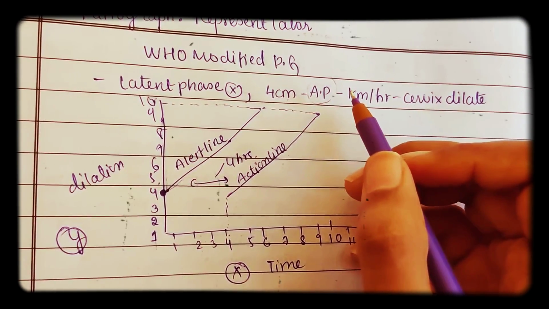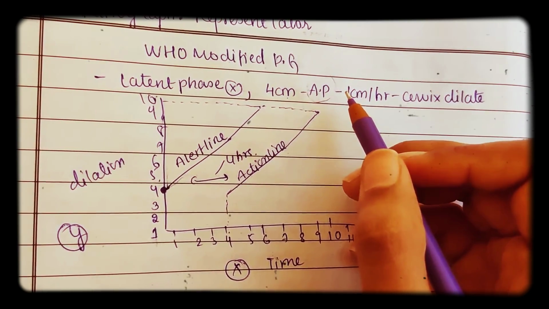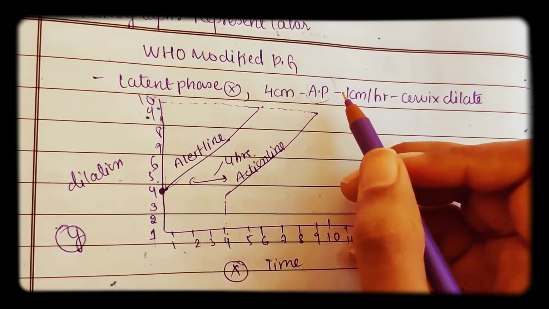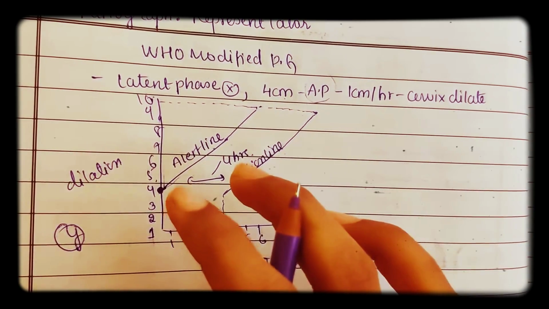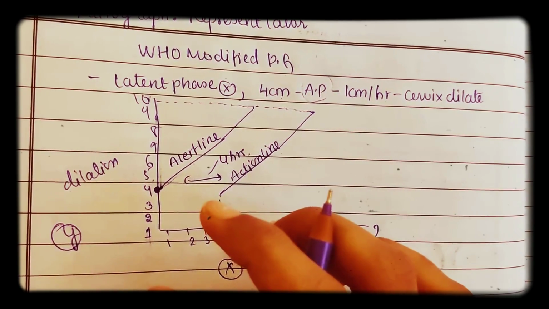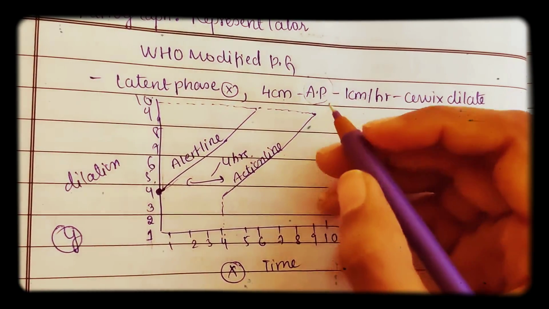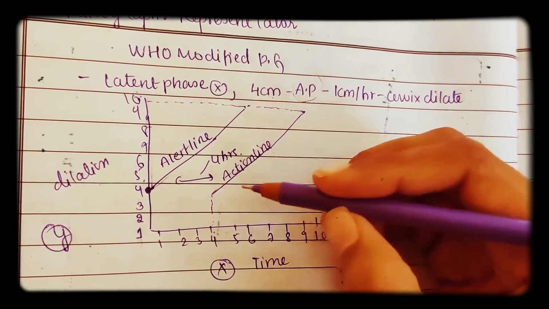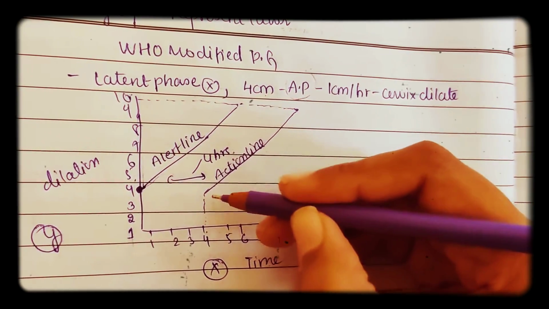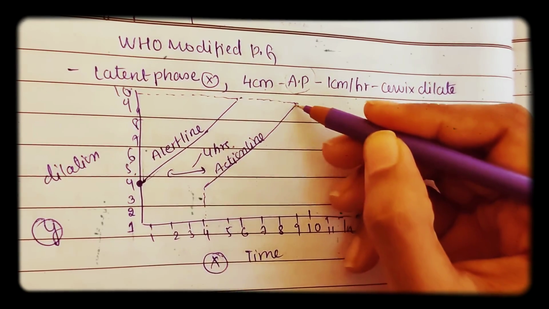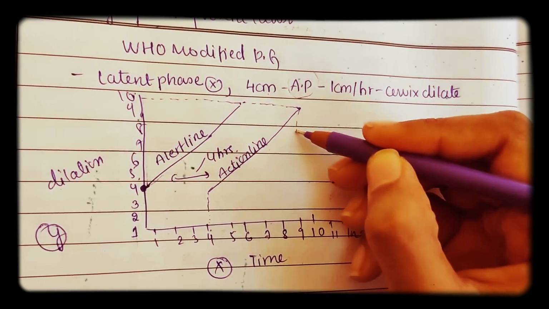And one thing you need to remember is that between the alert line and action line there is not only a 4 hour difference in time; the action line also ends at a different point, and the action line ends by 10 hours.